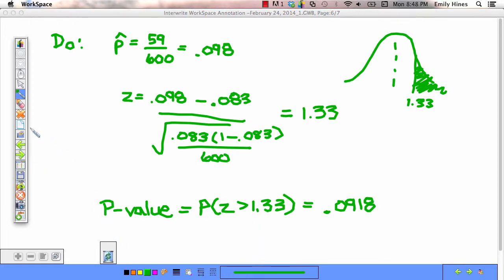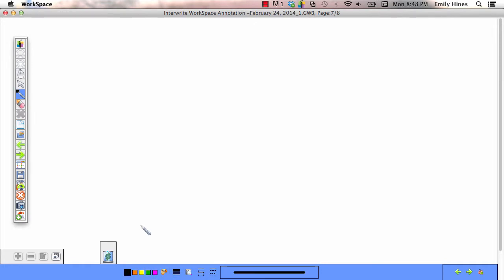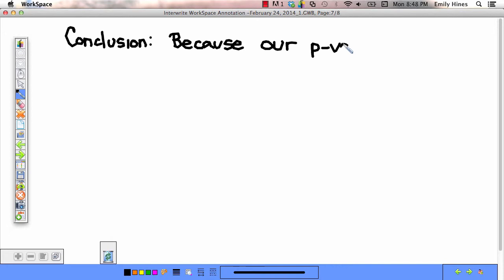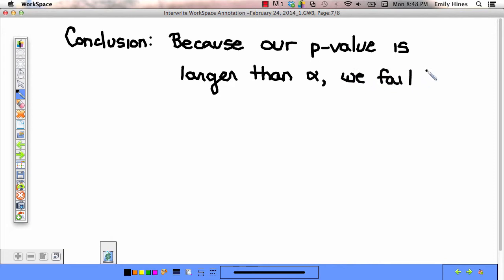So here is our conclusion. And your conclusion can be exactly like this, pretty much word for word, every time. Because our p-value is greater than our alpha value, and if it was less than, you would say less than, we fail to reject the null hypothesis.